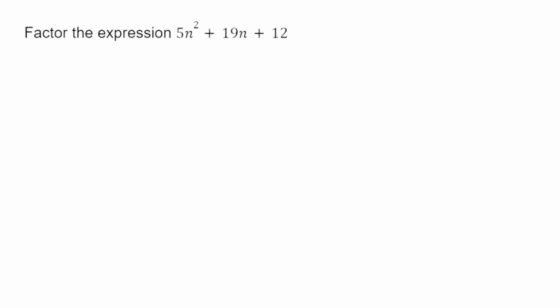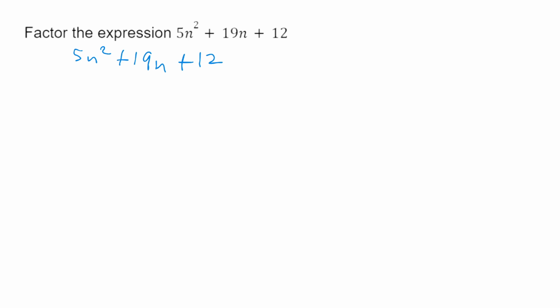So again, where do we start here? We have 5n squared plus 19n plus 12. Okay? So the analysis here is what? What do we do first?